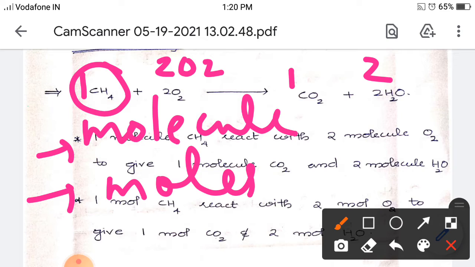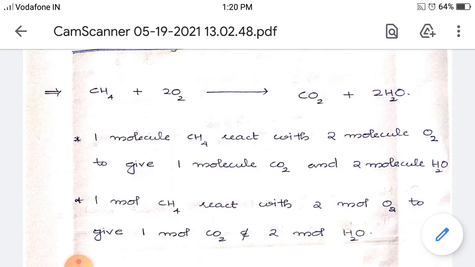You have to represent in one term throughout the equation. If you are representing in molecules, throughout the equation you must represent in molecules. If you are taking one CH4 as 1 mole of CH4, you have to represent throughout the equation as moles.